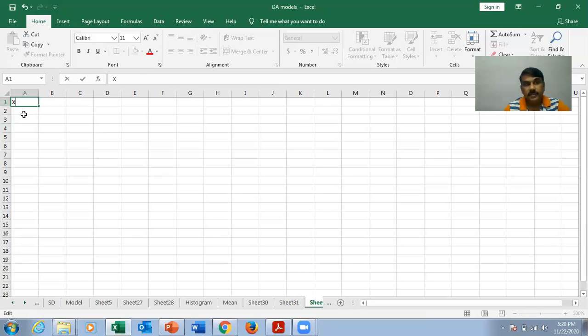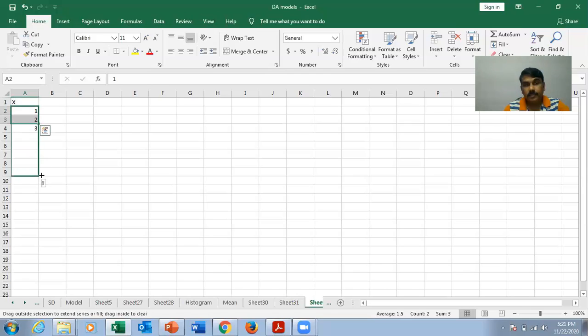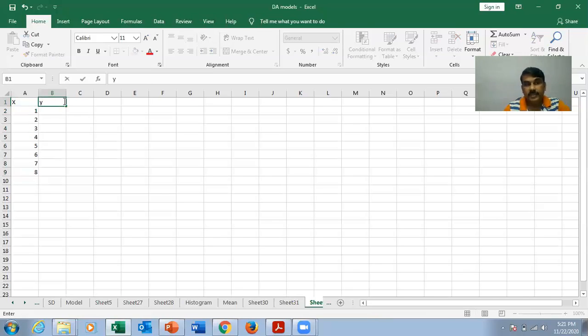For x, say 1, 2, 3, up to 8. Here the y series may be 10, 11, like this.